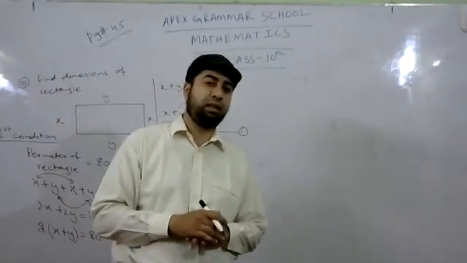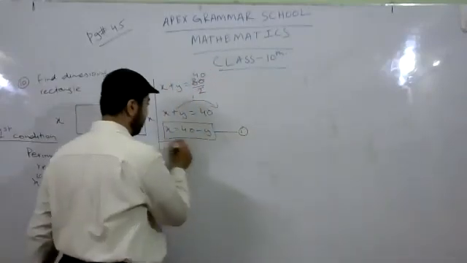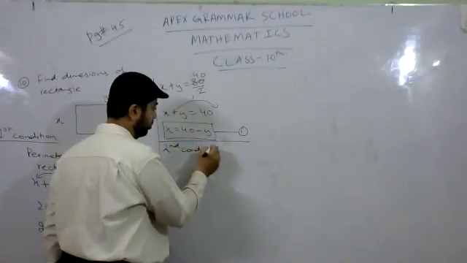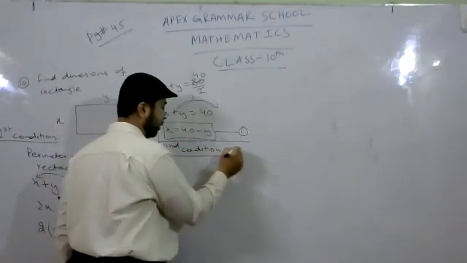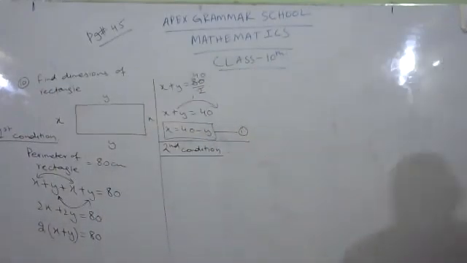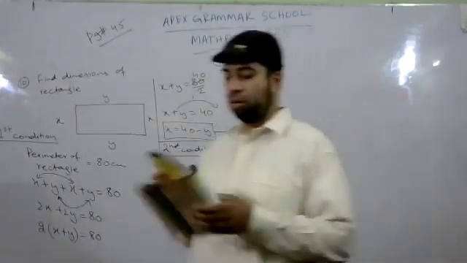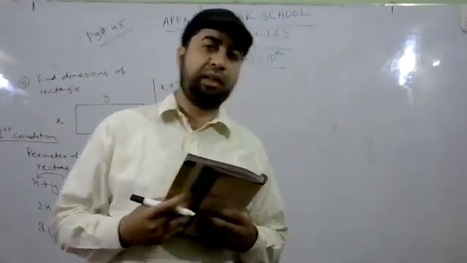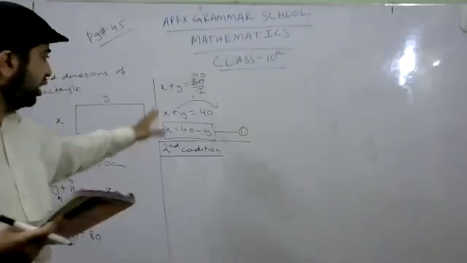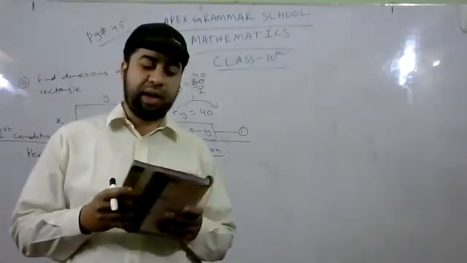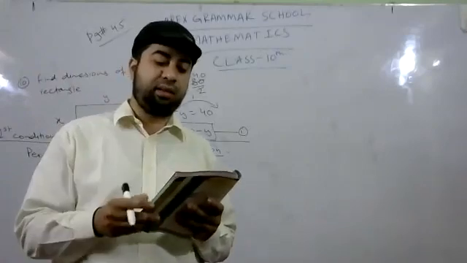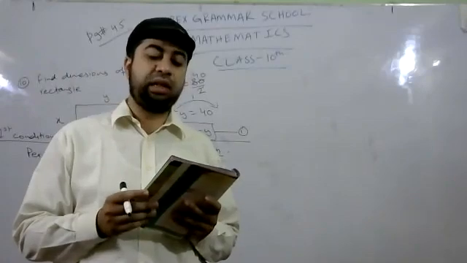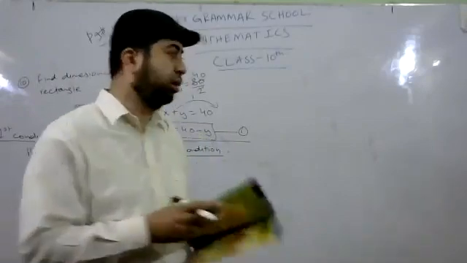Now we will discuss the second condition. What is the second condition? Find the dimensions of a rectangle whose perimeter is 80 centimeters, which we have done recently, and its area is 375 centimeters square.